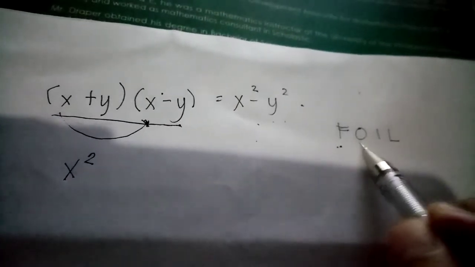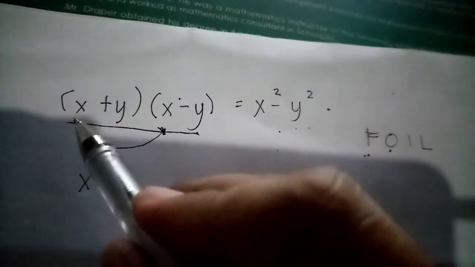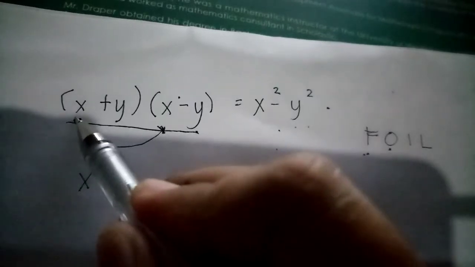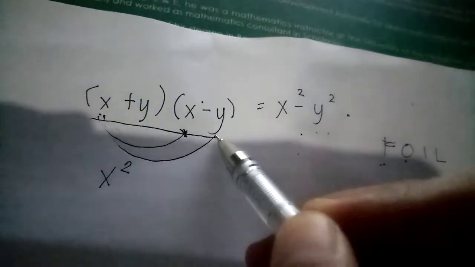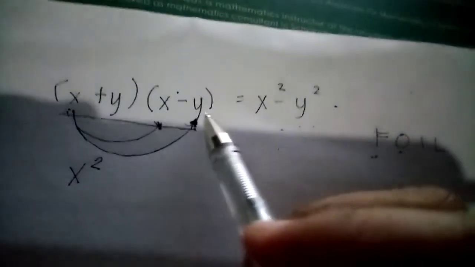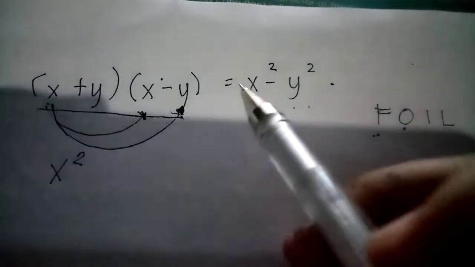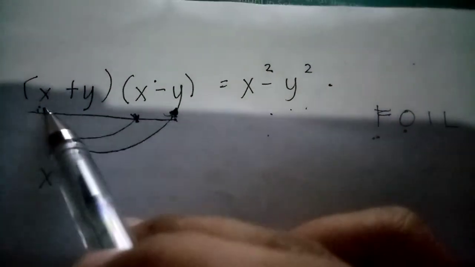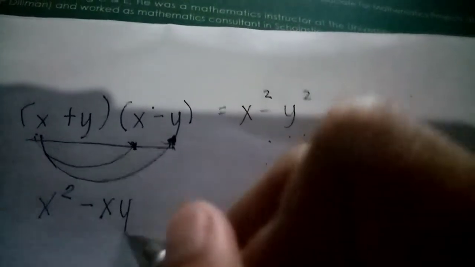Next is the O, which is the outer term. The outer terms are the ones at the opposite ends, the x and the y. So, x times negative y is equal to negative xy.